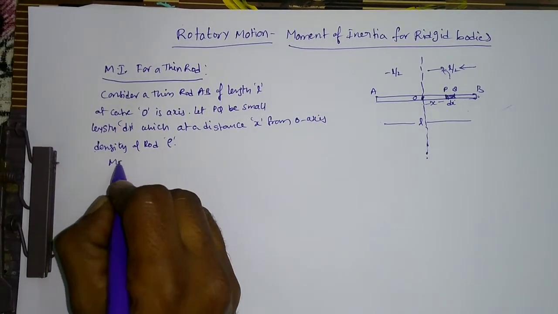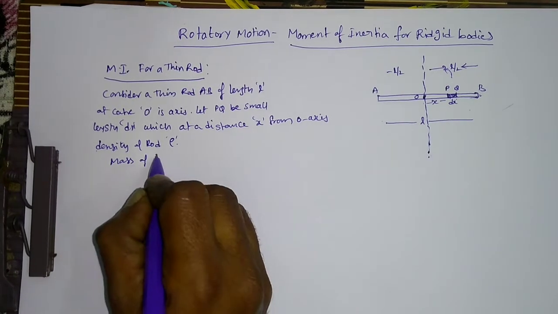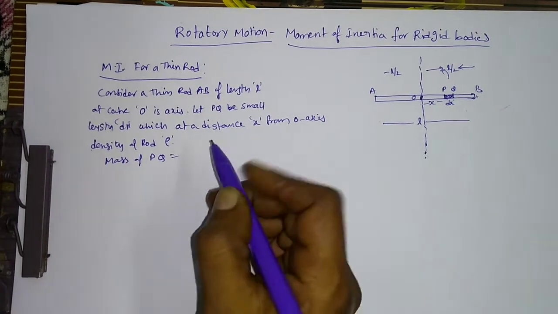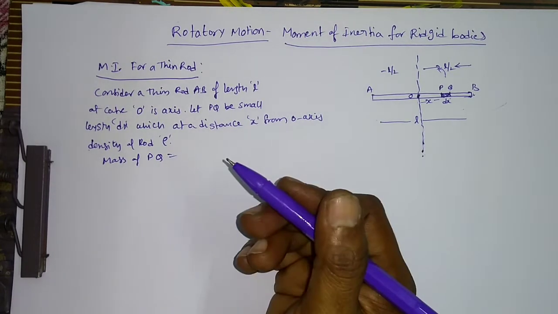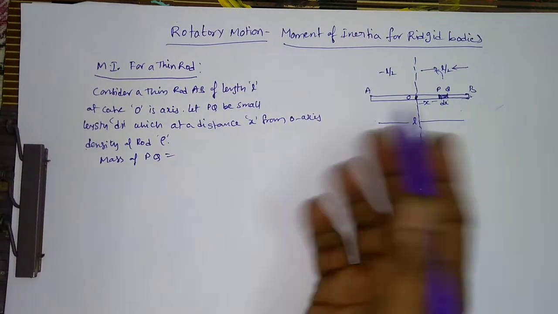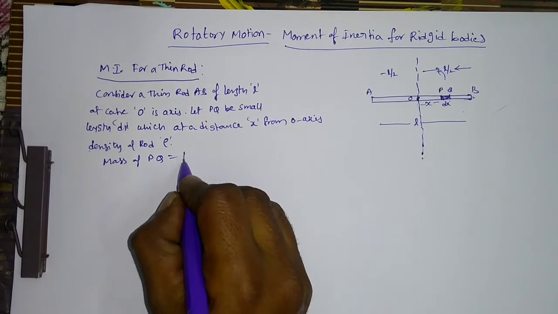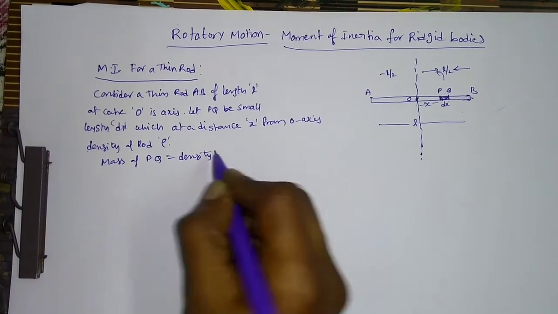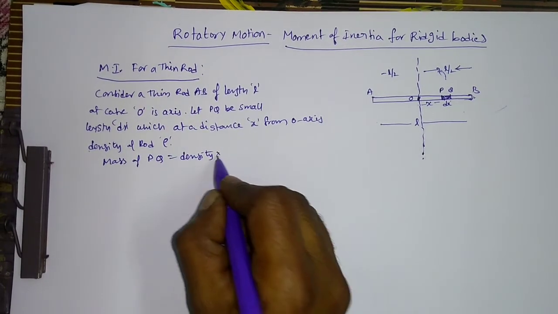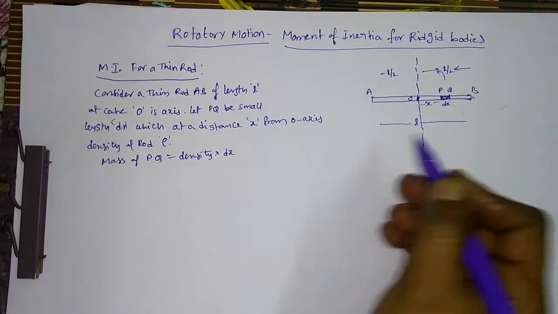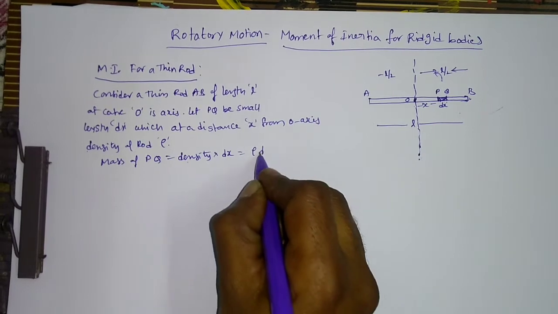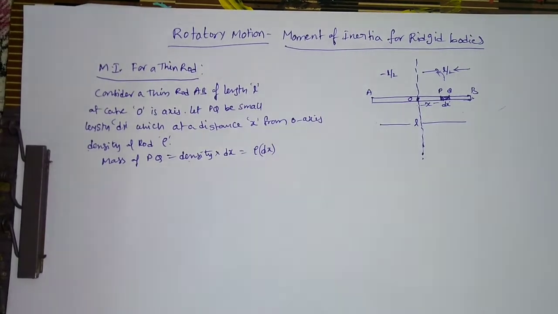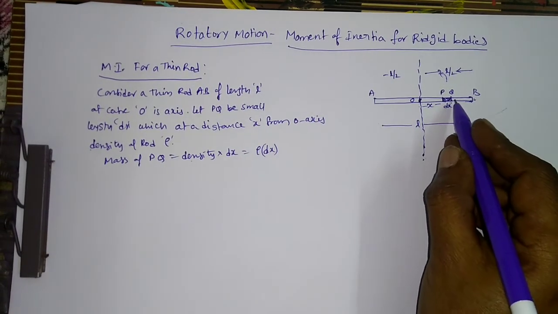The mass of PQ equals density into length, that is rho into dx.